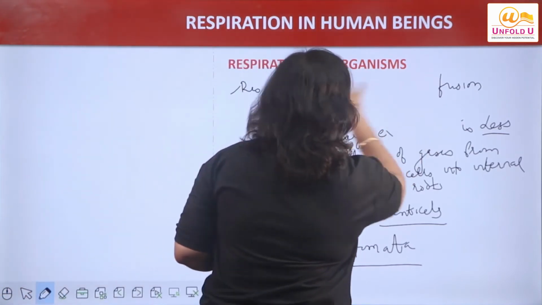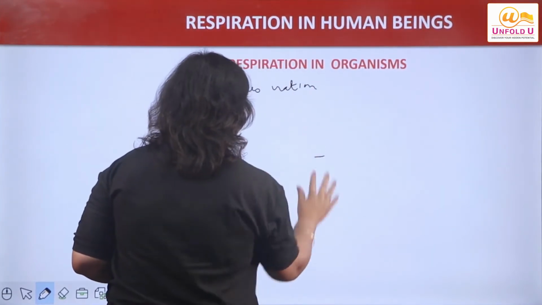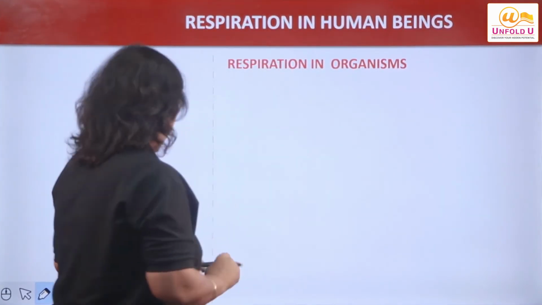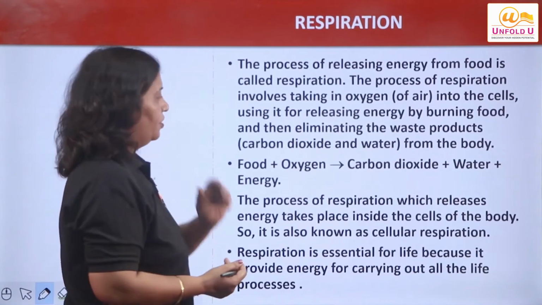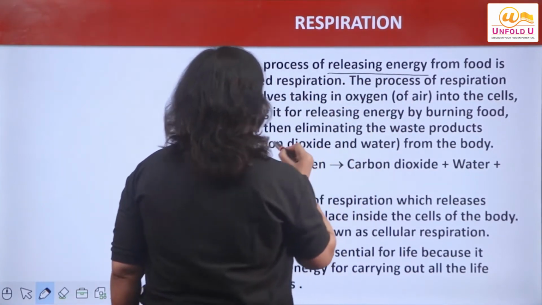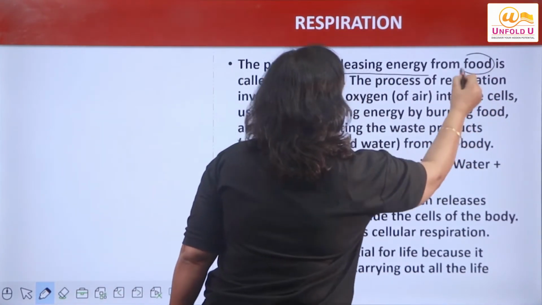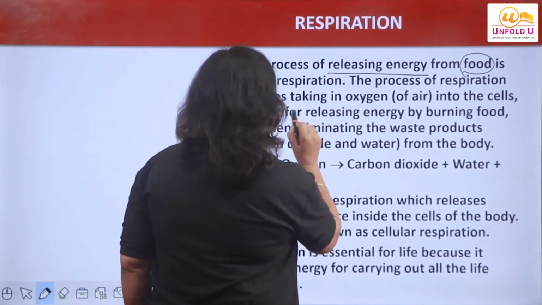Now let us see the different slides showing the respiration, a definition of respiration, and then we will come to types of respiration. So what is respiration? The process of releasing energy from food. The process of releasing energy from the food is called respiration.